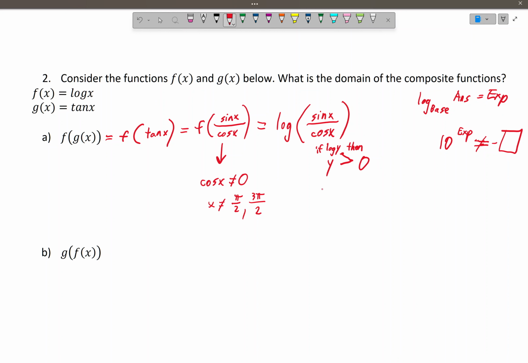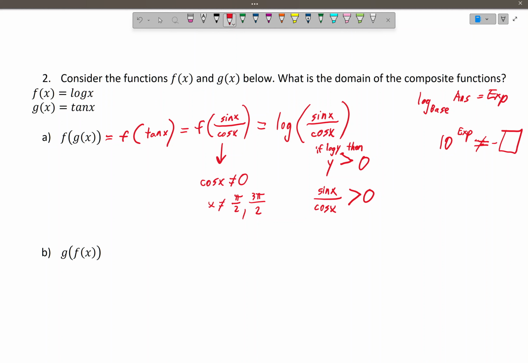So that means that sine x over cos x must be greater than 0. Well, hold on a moment here, because this means we have to restrict our function such that this results in a positive value that doesn't equal 0. So first of all, it must be greater than 0.